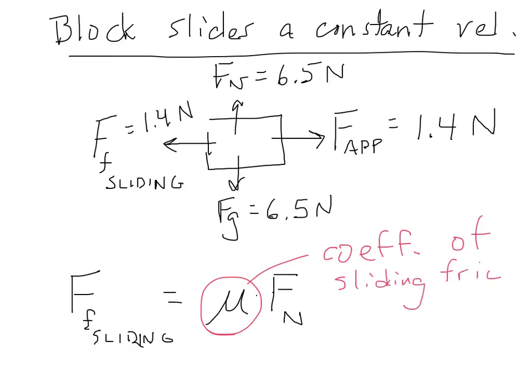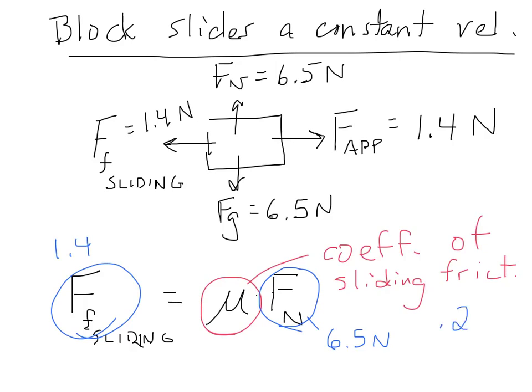The coefficient of sliding friction will be a little bit less than that. We could use the same kind of math that we used before. Since I know that the normal force is still 6.5 newtons, and the friction force is now reduced to 1.4 newtons, if I do the math of 1.4 divided by 6.5, I get a coefficient of only 0.22 or thereabouts. So that is the coefficient of sliding friction between these two surfaces.